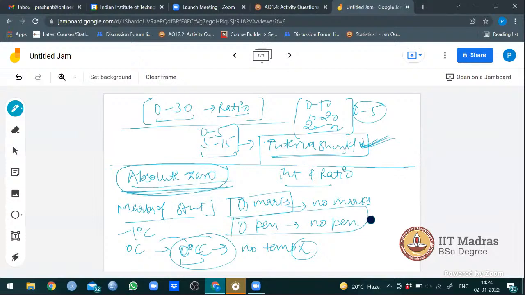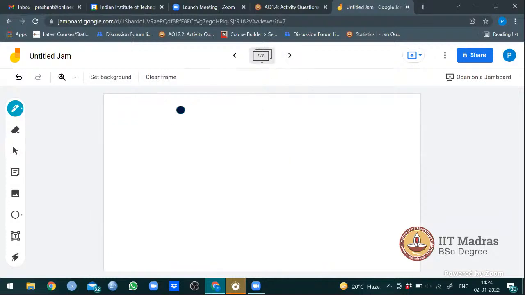If it violates this property, then it will be interval. It's a simple trick. Like we can't say 0 AM means no time. But mark 0 has a value. And in a ratio, you can perform multiplication and division as well.